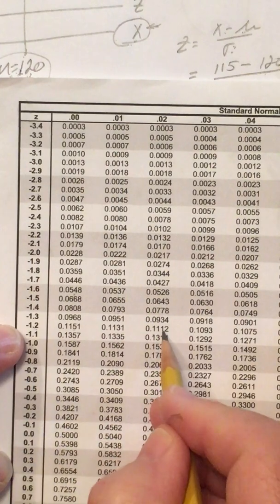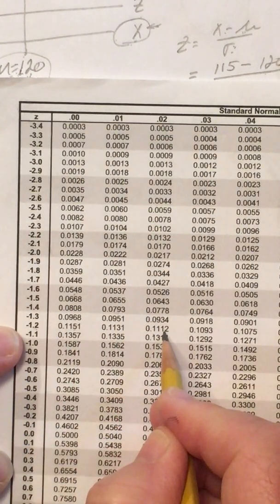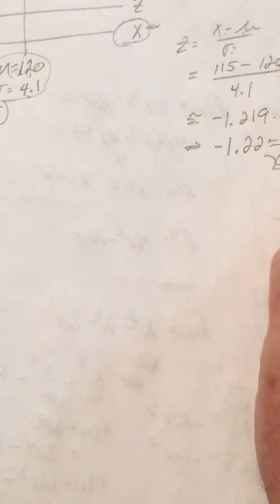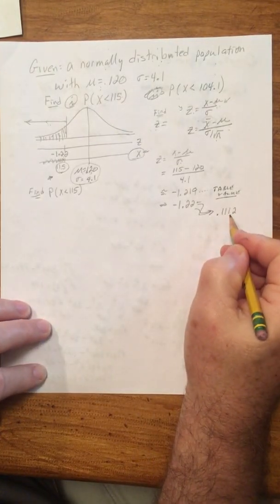Negative 1.22. Our value is 0.1112. 0.1112 is our table value. The table value, let's zoom back out, 0.1112.